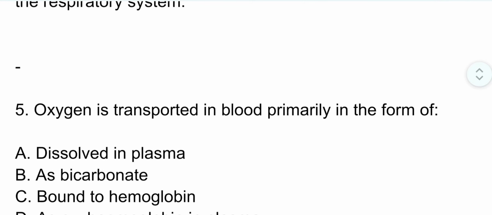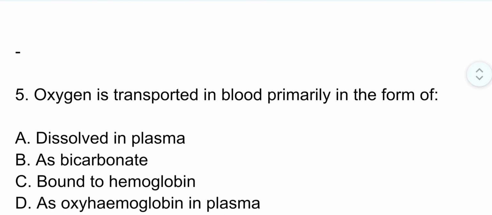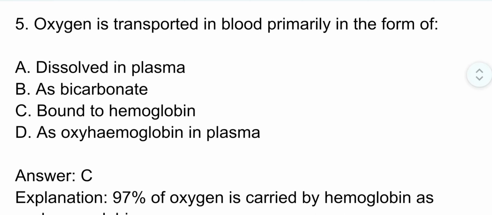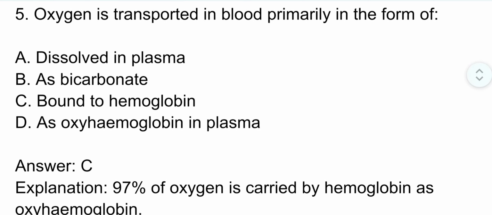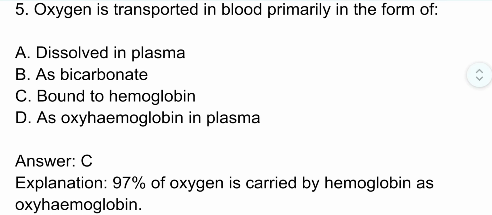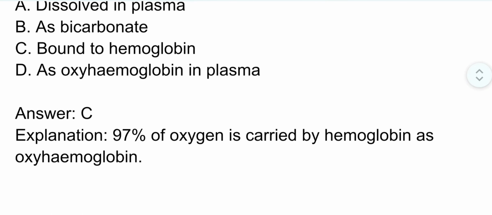Question number 5. Oxygen is transported in blood primarily in the form of. The correct option is option C, bound to hemoglobin. 97% of oxygen is carried by hemoglobin as oxyhemoglobin.